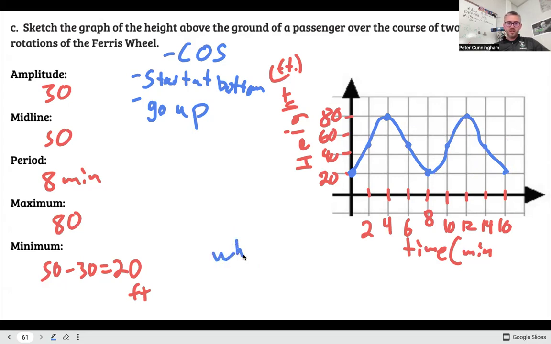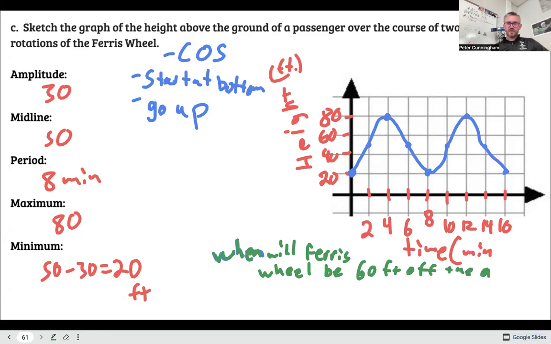So, let me write it in a separate color: when will the Ferris wheel be 60 feet off the ground? That's what you're going to stop me in class and tell me. Okay, use the graph to figure that out.